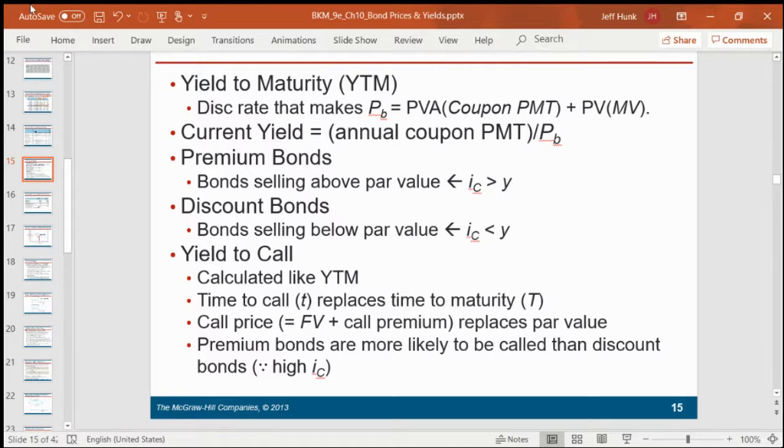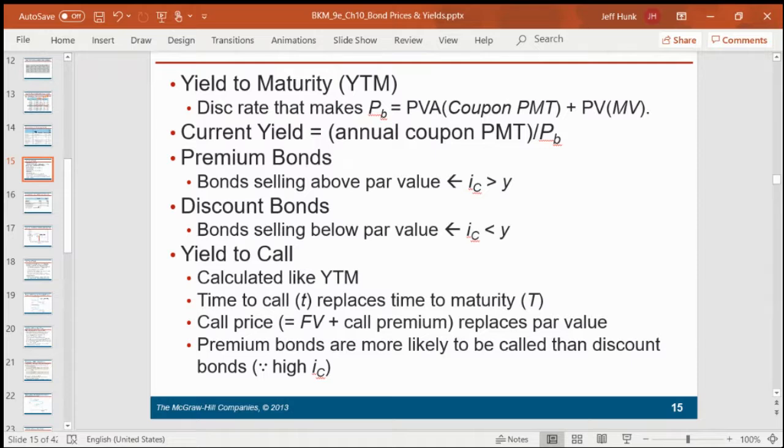In Finance 100, we defined yield. At least if you took Finance 100 with me, the yield was defined in a couple of ways, at least three ways, and they are all connected.